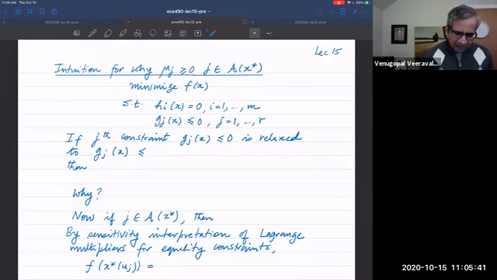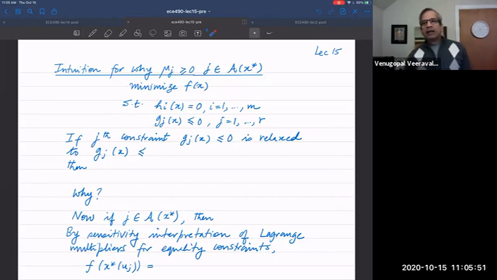there was a question last time about the intuition for why the Lagrange multipliers corresponding to inequality constraints have to be non-negative for j in the active set. So let's give some intuition.